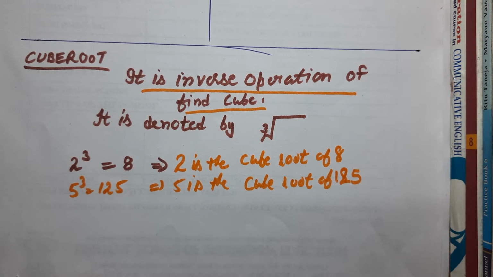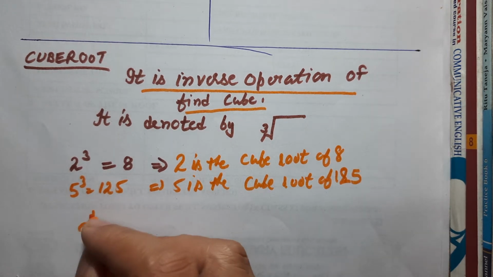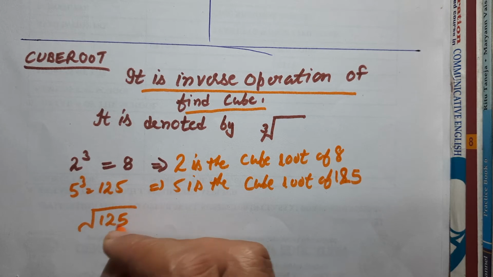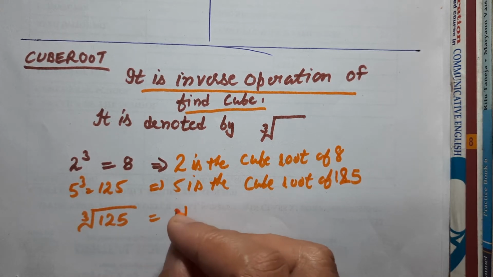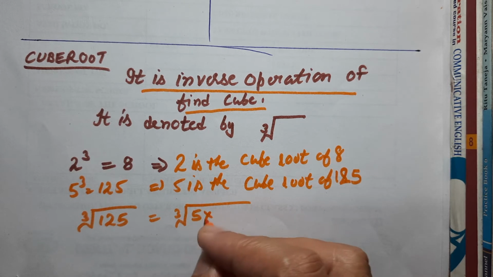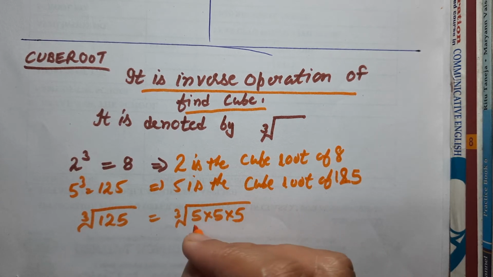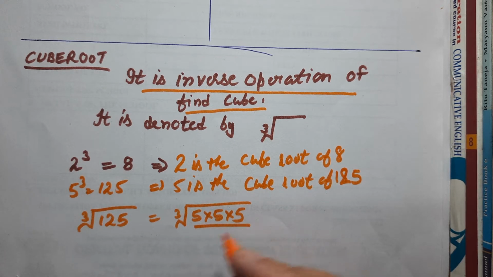How will we write the value of a cube root? For example, we have to find the cube root of 125. You will find its prime factors: 5 into 5 into 5. Make a pair of 3 in triplet. So 5 is in triplet, so that will be 5 cube, or we can just take one 5 out. So that will be its cube root.